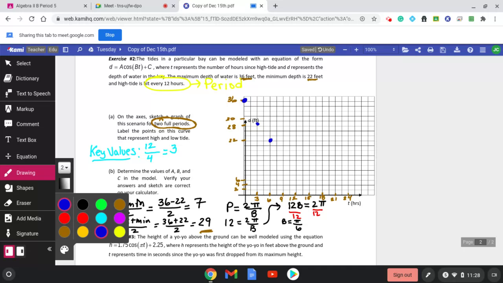Go ahead, Liz. Then back where? Midline. Good work. And then finish this up for me. Where do I end this cosine curve? Max. Yeah, good job, Liz. Thank you.